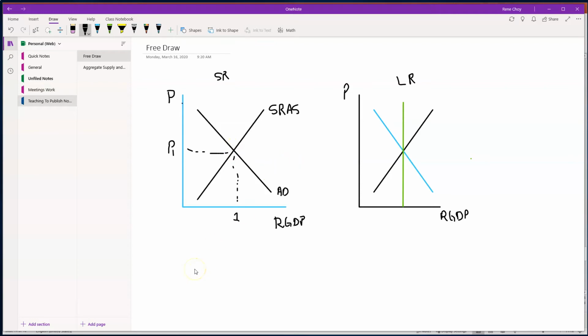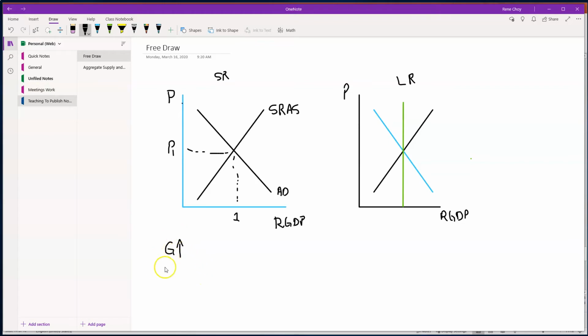All right, so let's create a change in the short run. Actually, let's do policy, since we're going to be doing this in a follow-up chapter. So let's say there's an increase in the level of government spending.